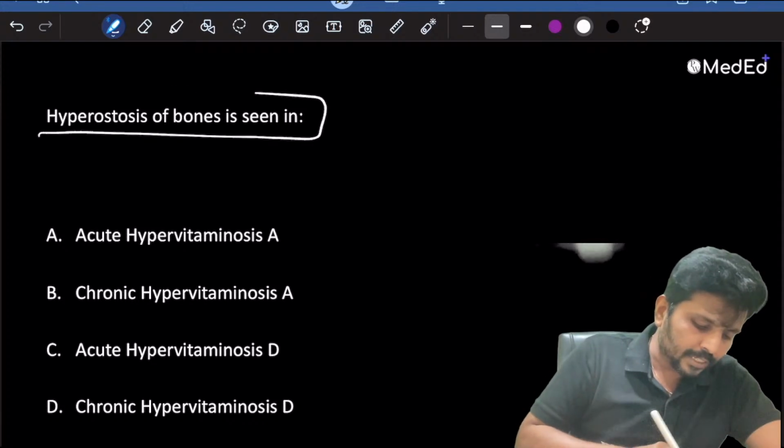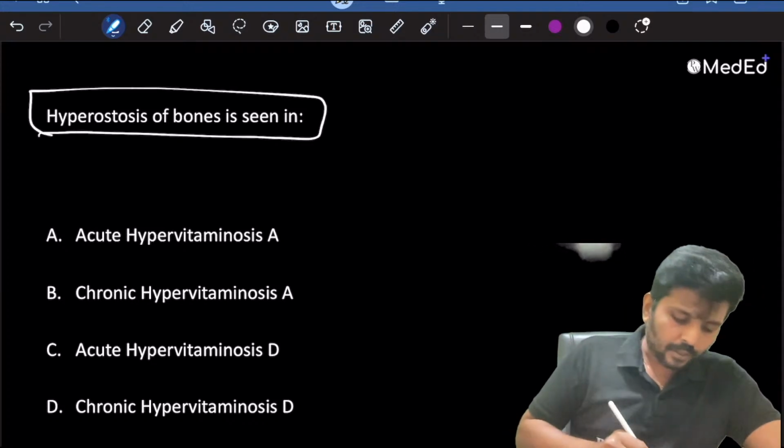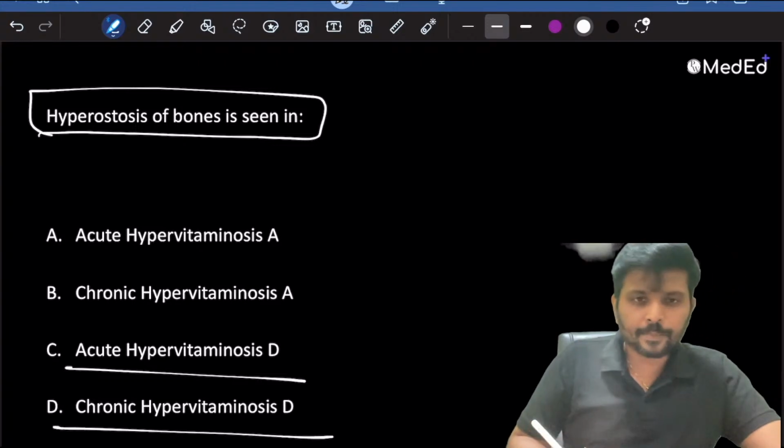Hyperostosis of bones is seen in which vitamin? Is it acute hypervitaminosis or chronic hypervitaminosis?